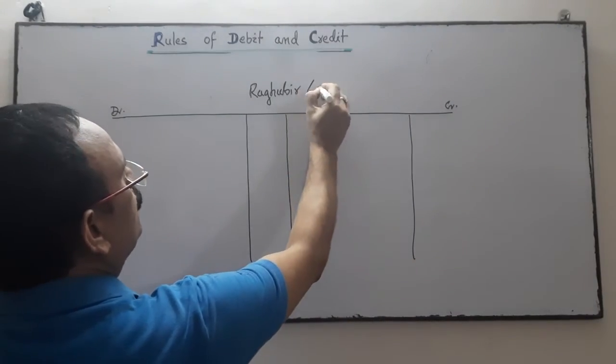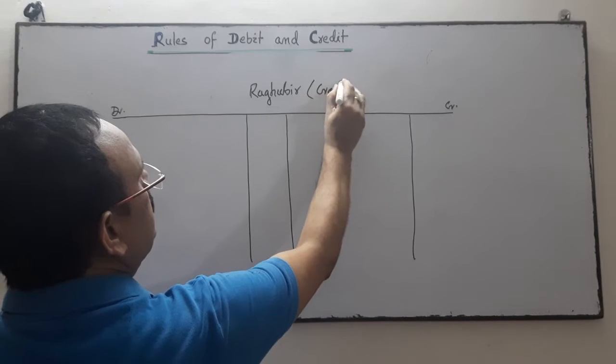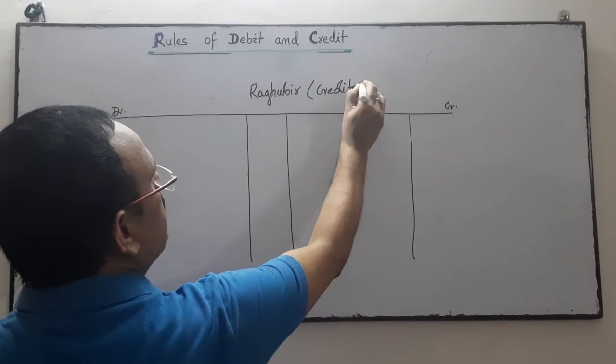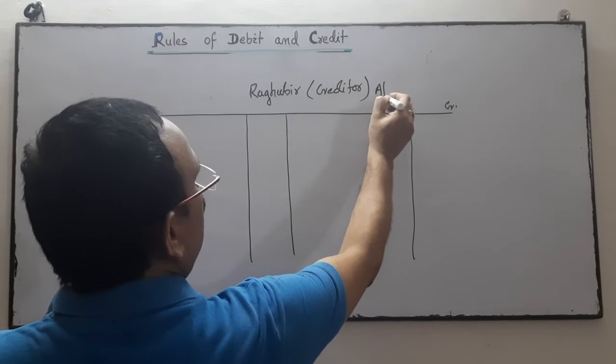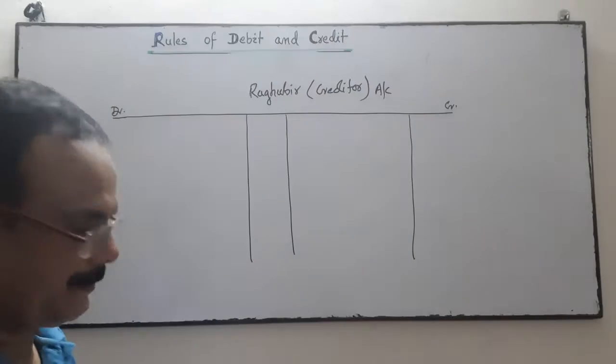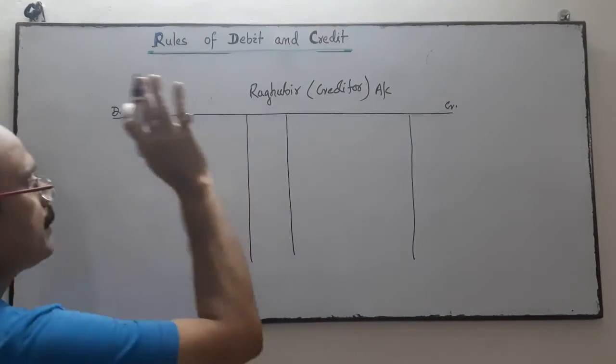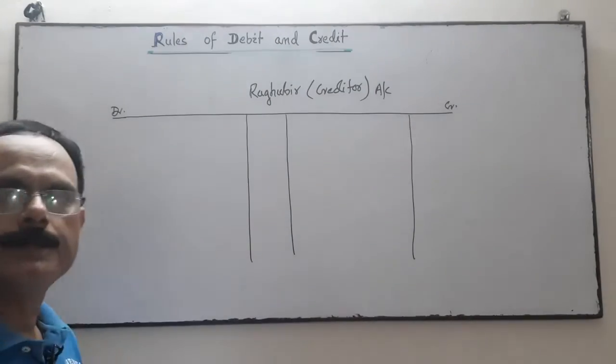Who is Raghuveer? Raghuveer is the creditor. So we are going to open the account of Raghuveer, who is the creditor. And you know the creditor means liability.